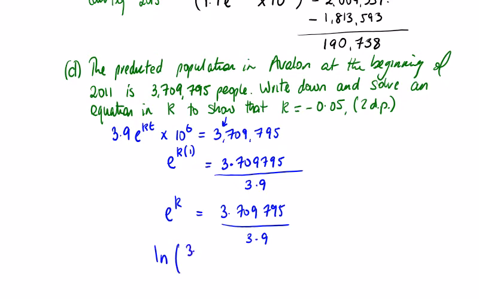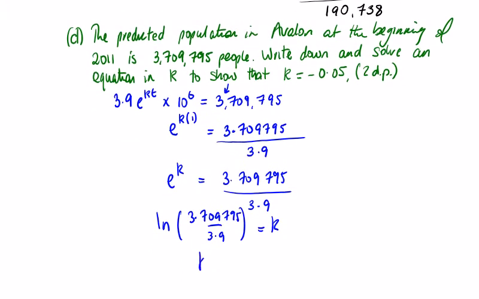The natural log of 3.709795 over 3.9 is equal to k. So k is equal to minus 0.04999, a good few nines there, and it's correct to 2 decimal places, minus 0.05.